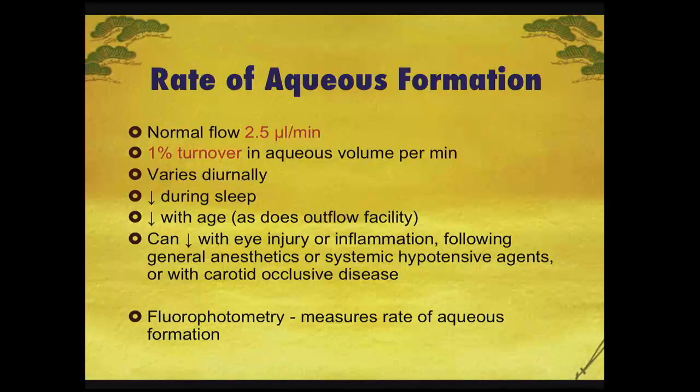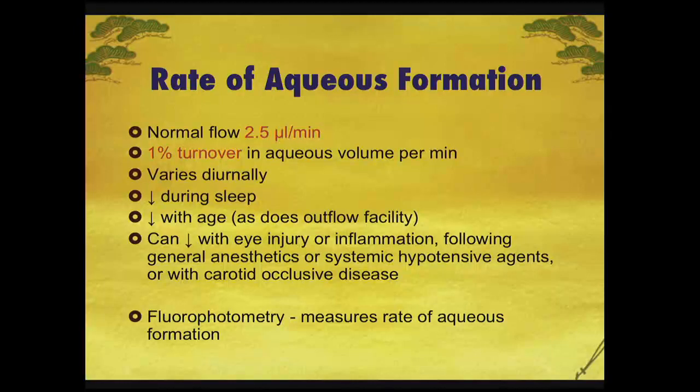The rate of aqueous humor formation varies throughout the day. It decreases during sleep. This is why beta blockers at night are not as effective as a beta blocker administered in the morning. Aqueous humor formation also decreases with age, probably because there's less blood flow to the area.